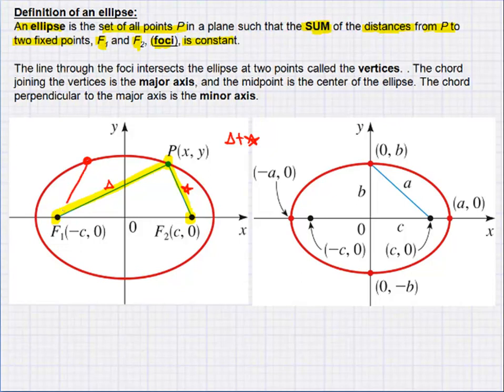Which means if I take another point here and I look at the distance between this point and this point and this point and this point, I might get different distances, and I might call this, I don't know, smiley face and circle, okay? And I look at smiley face plus circle.